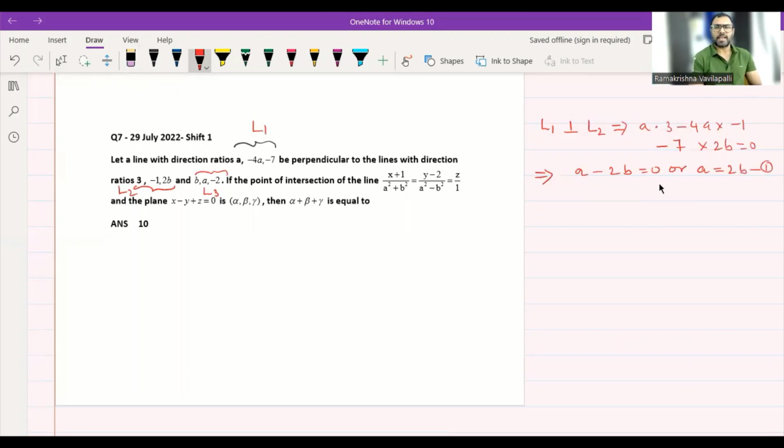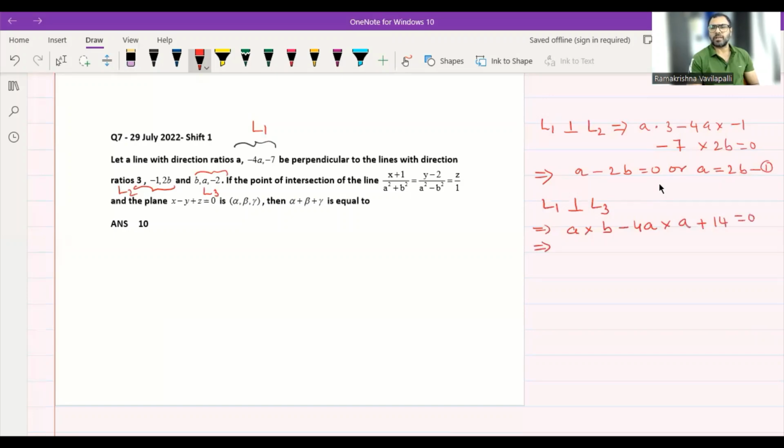Now see, L1 is also perpendicular to L3, which means that L1 is parallel to L2 cross L3. So again applying the dot product of DRS of the lines is 0. So here A into B minus 4A into A and plus 14 equal to 0.